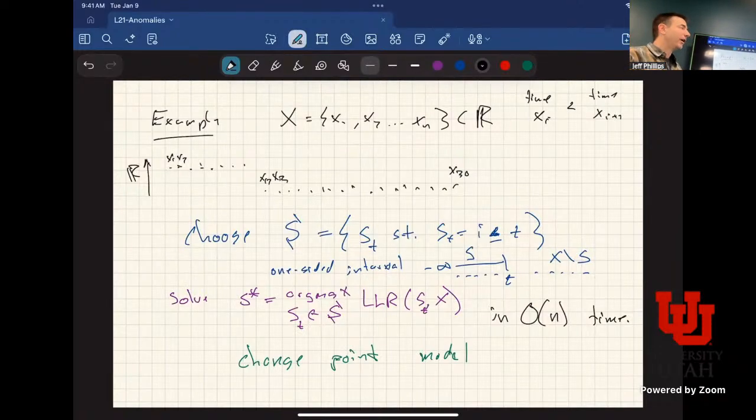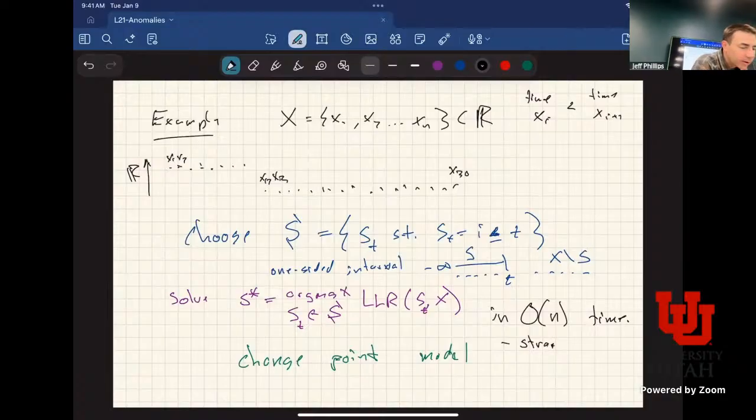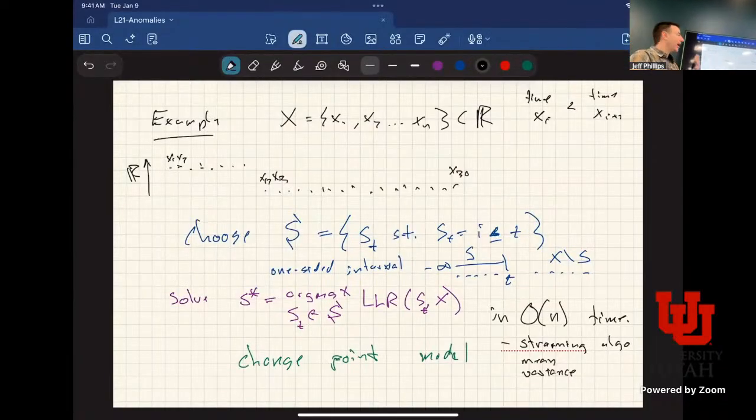These correspond to streaming algorithms for the mean and the variance. So if I'm maintaining the mean and the variance, I can update it as I'm sliding along.